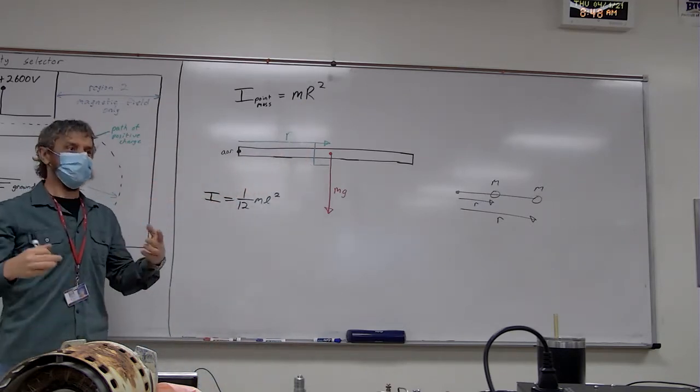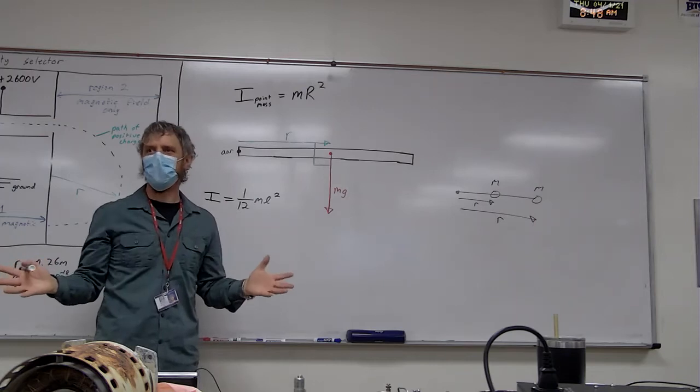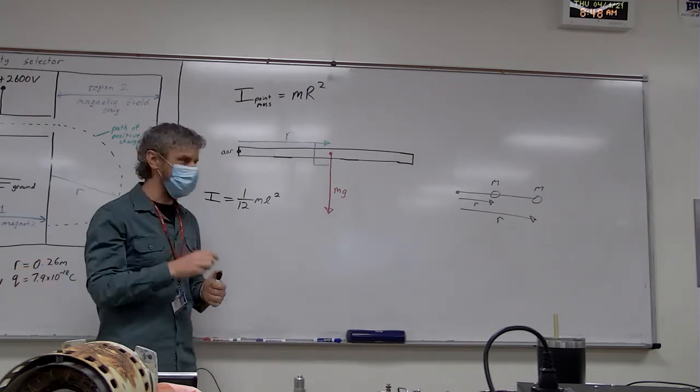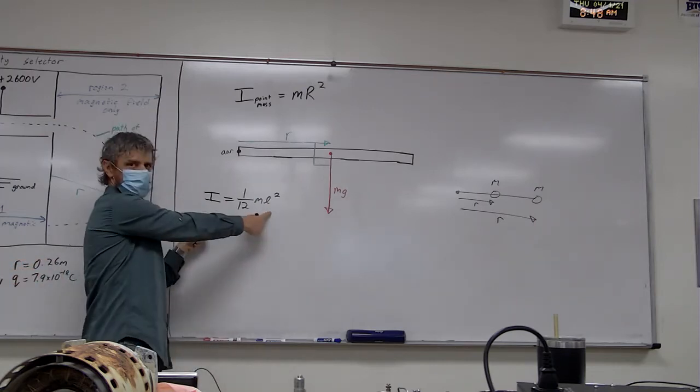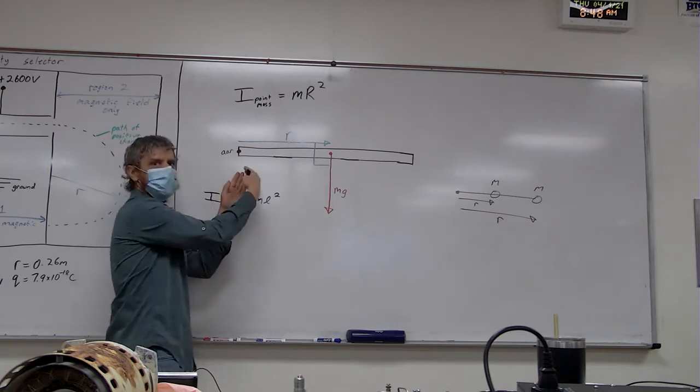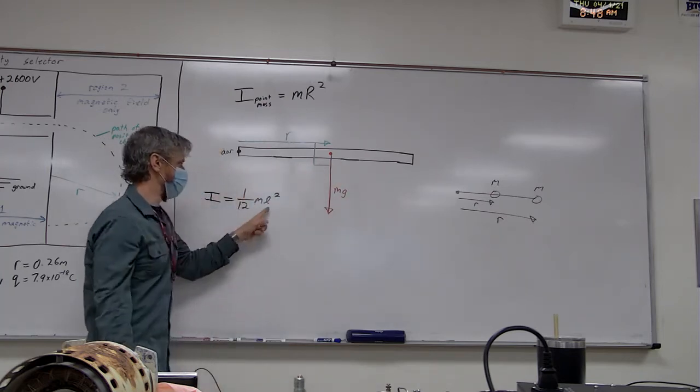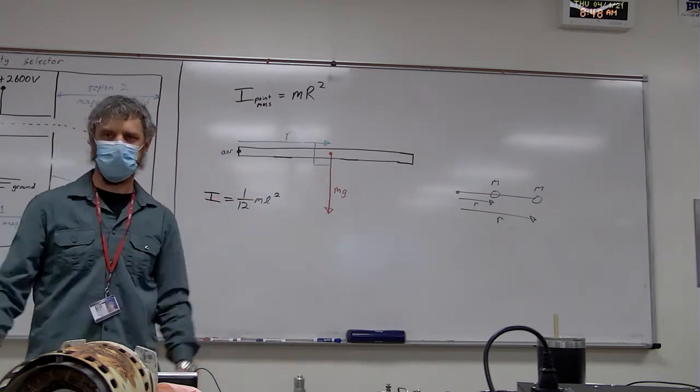And then I literally add up all those moments of inertia for all of those little tiny pieces of mass, and that's where this equation comes from, where the M here is the total mass of the object, and the L is the total length, okay?